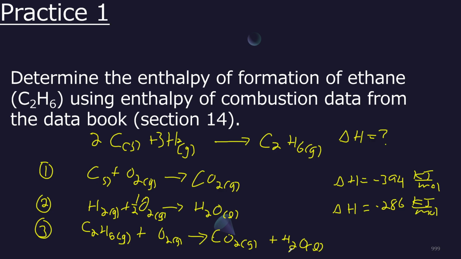So we'll need at least 2 CO2. We'll need 3 H2O for those H6. And then O2 needs to be 7/2 to get these 7 O's required. And delta H for that process from section 14 is minus 1,561 kilojoule per mole.